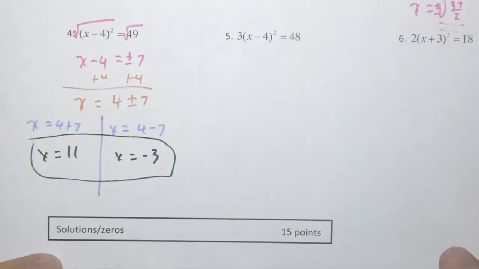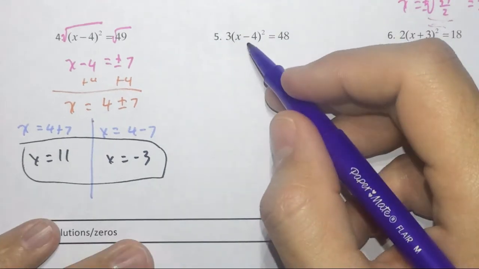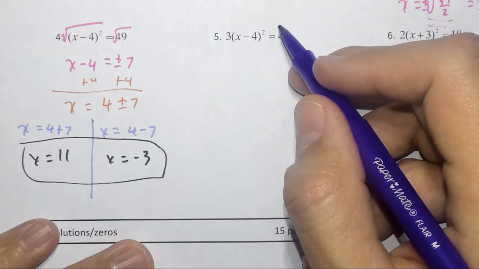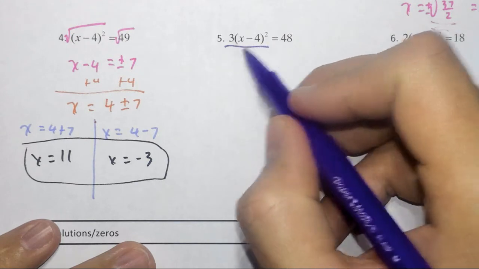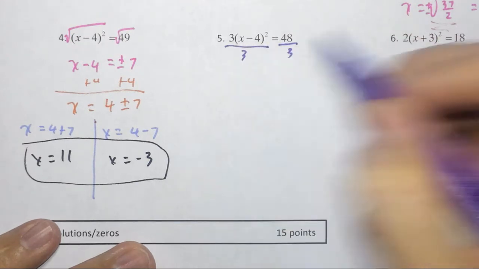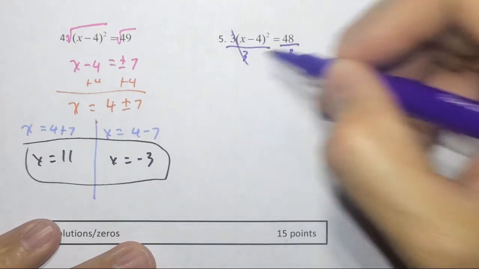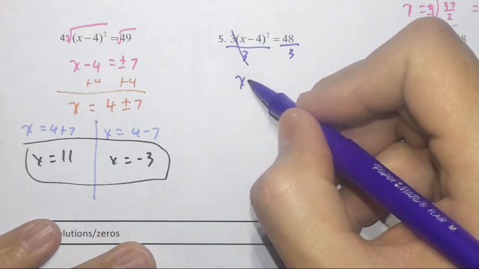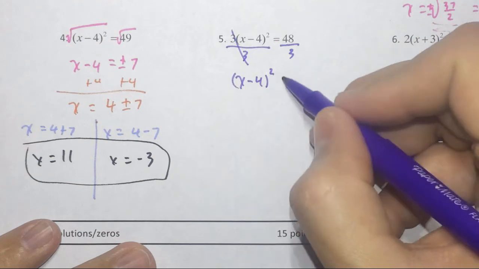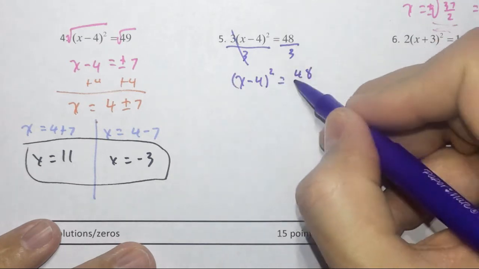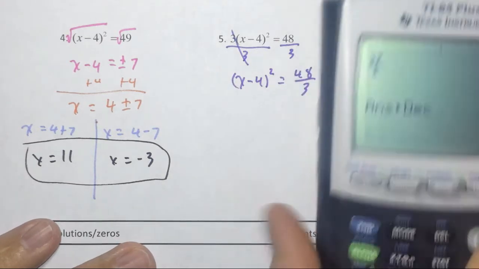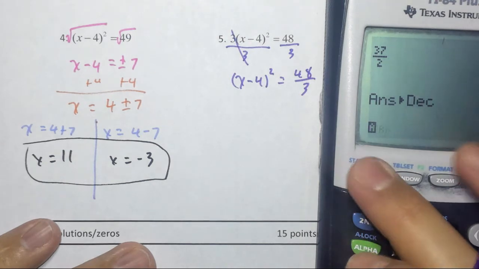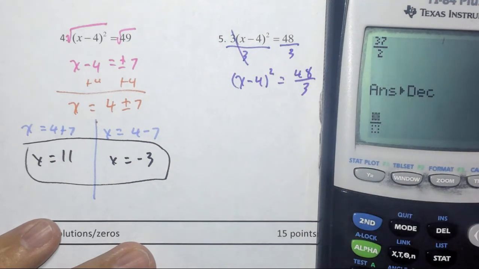Next one over here, number 5. My parentheses part, my parentheses squared, is not by itself. I need to get rid of that 3. So I'm dividing all of that side by 3 and all of that side by 3. The 3s cancel to 1. I get x minus 4 squared is equal to 48 over 3. If you need help with 48 over 3, again, you can do that alpha y equals thing and do 48 over 3.